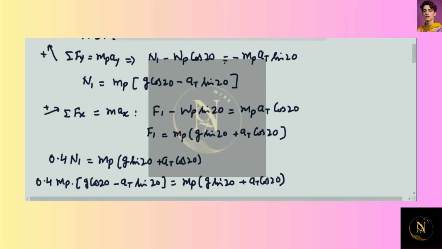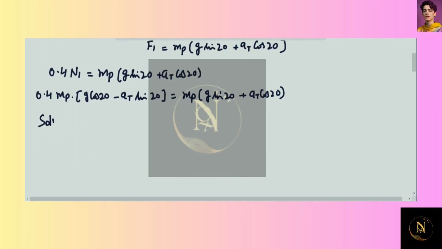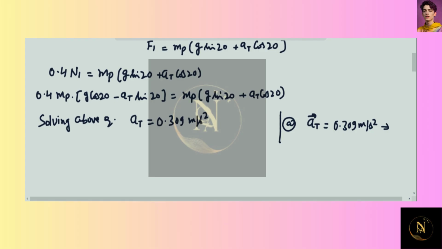Solving this equation for acceleration of truck, you will get 0.309 meter per second square. So the answer of part A is acceleration of truck is 0.309 meter per second square towards right. So this is one of the answers.